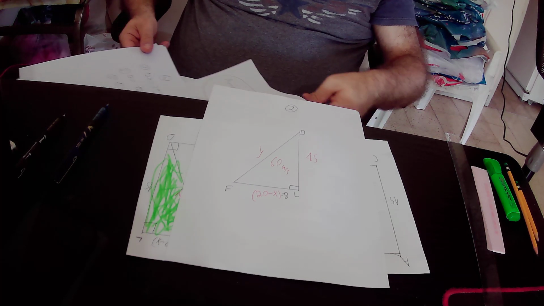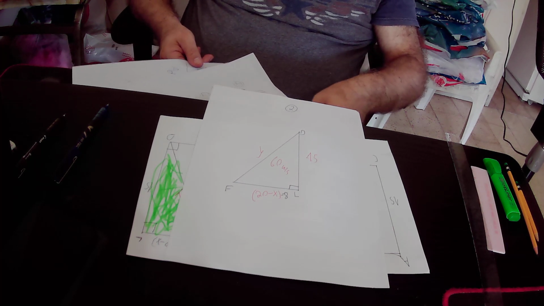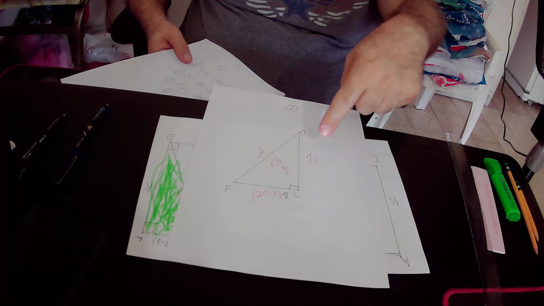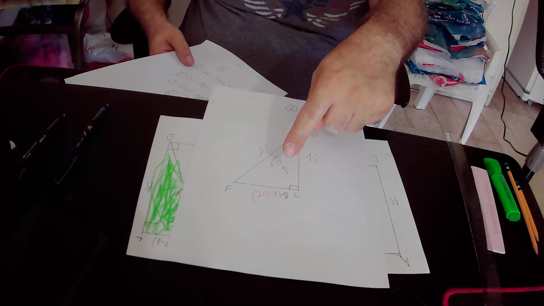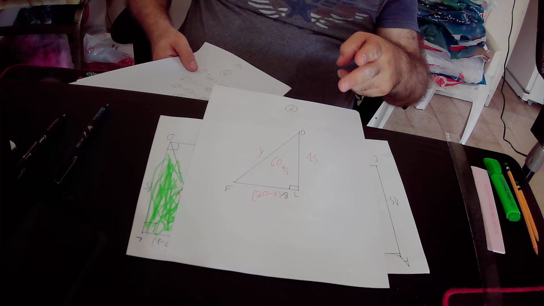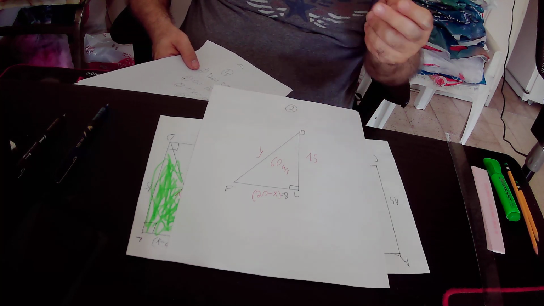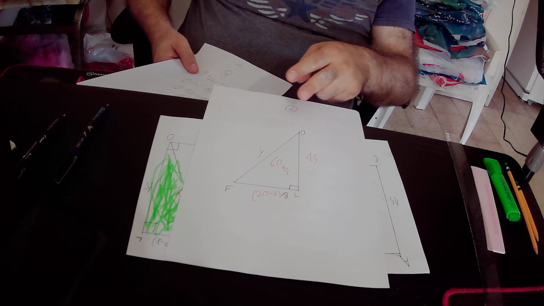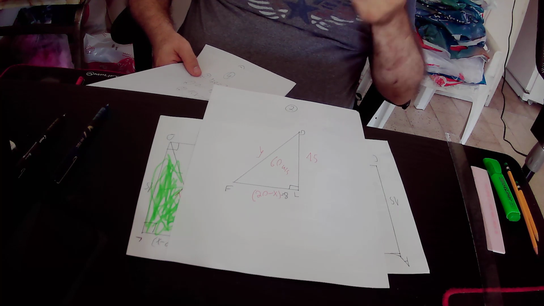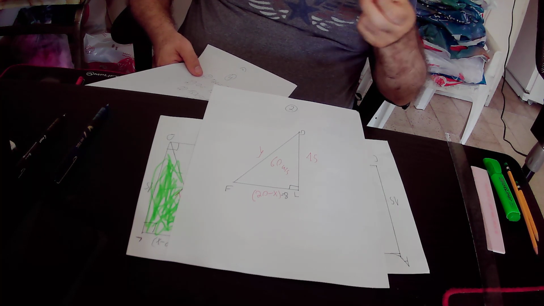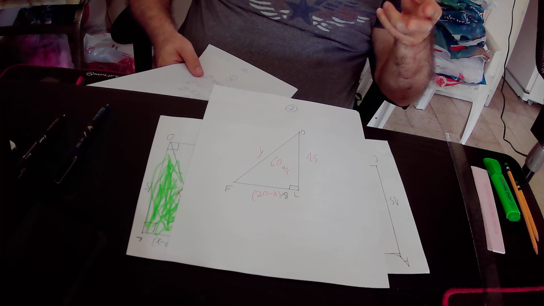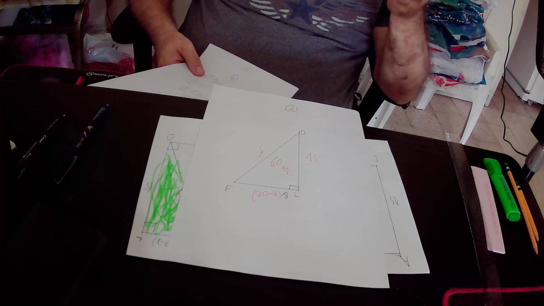So the square of the hypotenuse, y squared, equals 15 squared plus 8 squared. 15 squared is 225, 8 squared is 64. So y squared equals 225 plus 64. And 225 plus 64 is 289. So y squared equals 289.